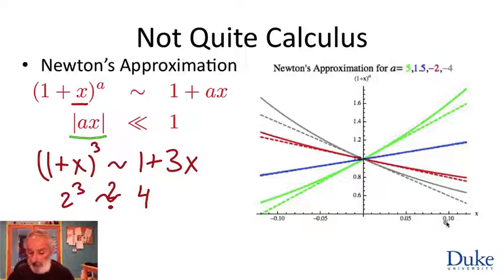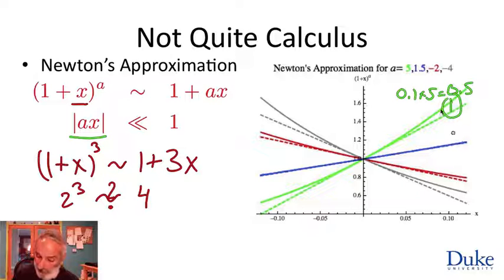For larger values of a, by the time x is 0.1, if a is 5, a times x becomes 0.1 times 5, which is 0.5, and whether a half is or is not much smaller than 1 depends how precisely you want much smaller to be, but clearly, by this time, the approximation is no longer valid to a high degree of precision, whereas here, when a is 1.5 and a times x is on the order of 0.1 times 1.5, which is 0.15, the approximation is more precisely valid.